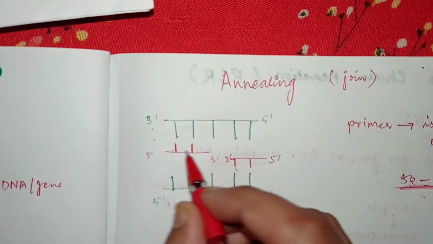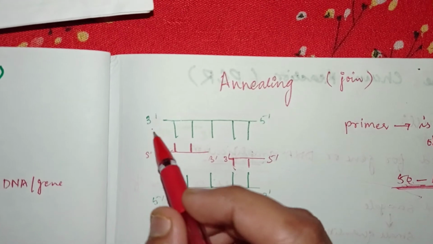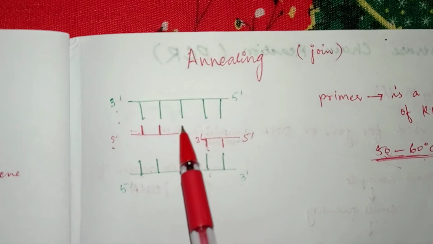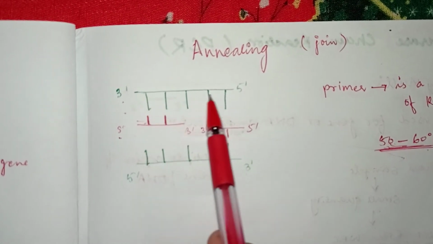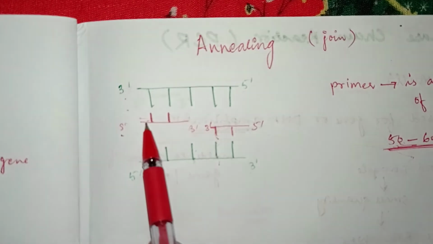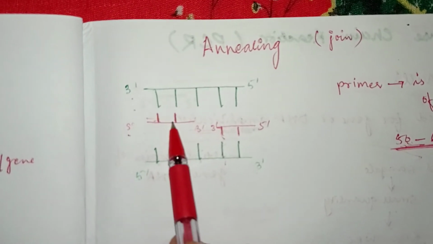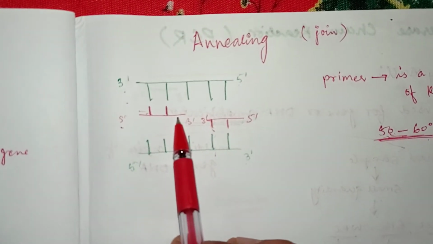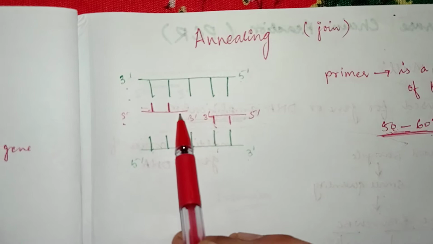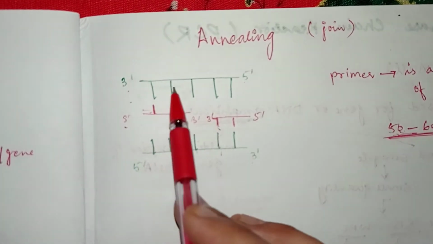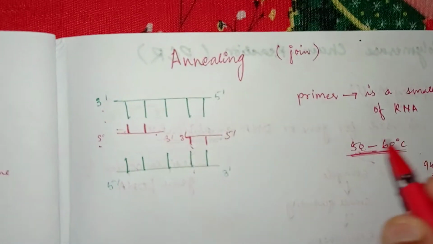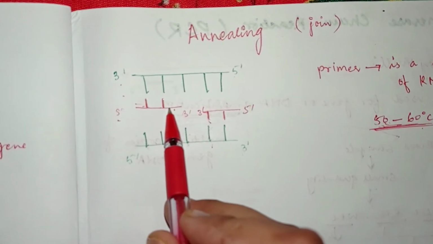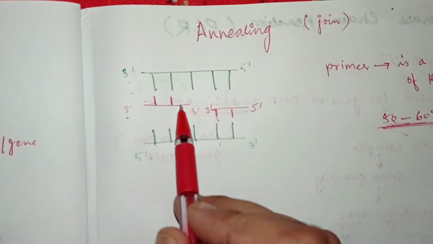This is the RNA primer, which is bound opposite to the 3 prime end. Here you can also see the hybridization, because here you see the template DNA and here it is the primer RNA. This is the parental template DNA and this is the RNA primer, which is formed in the laboratory. So you can see the hybridization here. And this RNA primer initiates DNA replication. That is why it is very important.